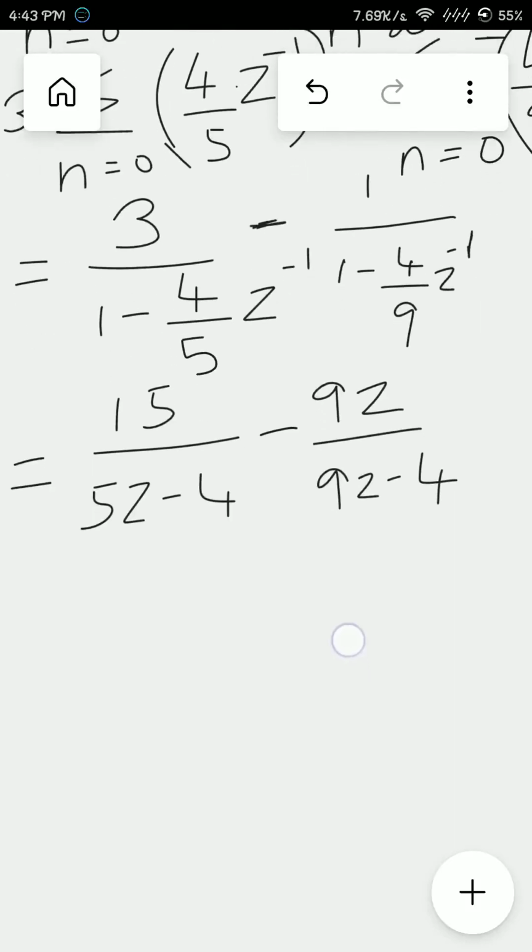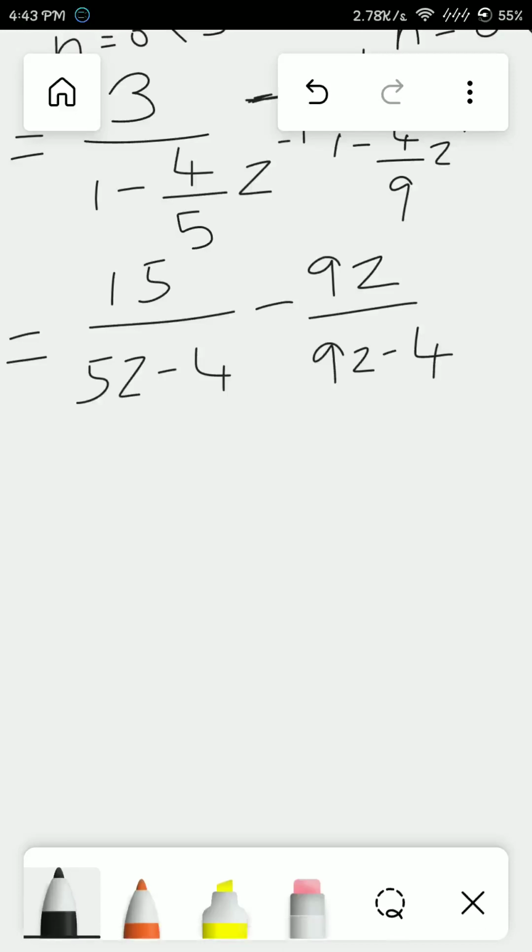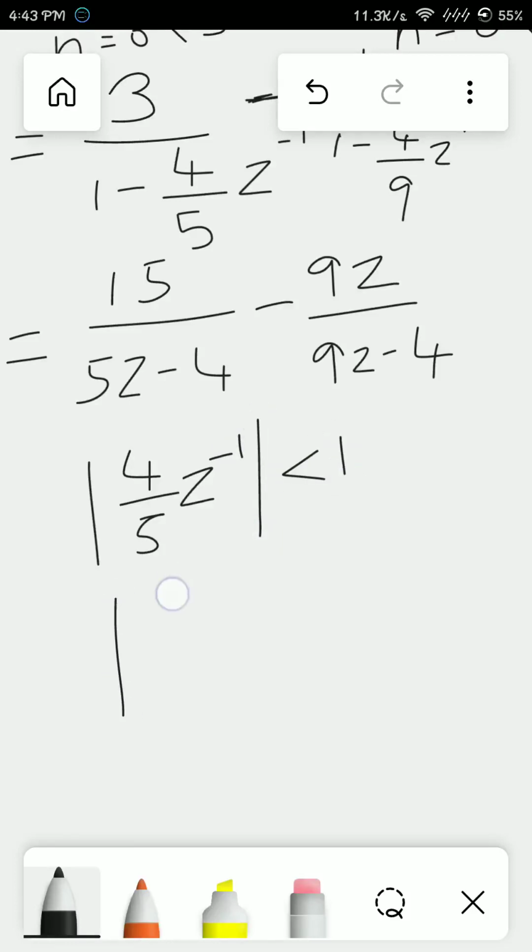I told you for a series to converge, the term should be lesser than 1. Therefore I take the modulus of (4/5) z inverse lesser than 1, and the modulus of (4/9) z inverse lesser than 1, right?